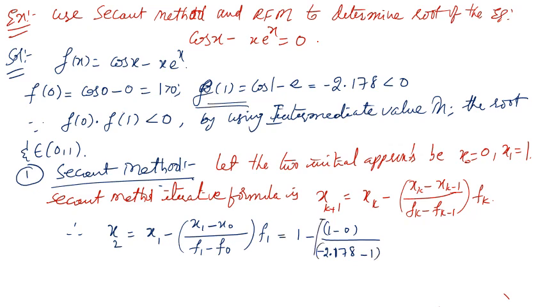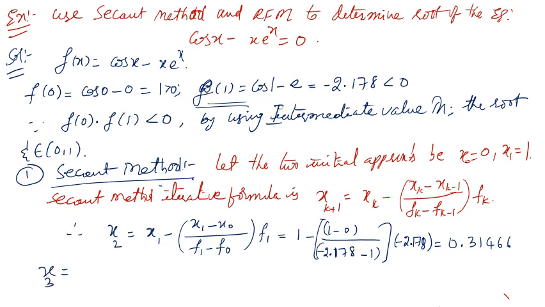This total is multiplied by f1, which is minus 2.178, and this entire value is 0.31466.